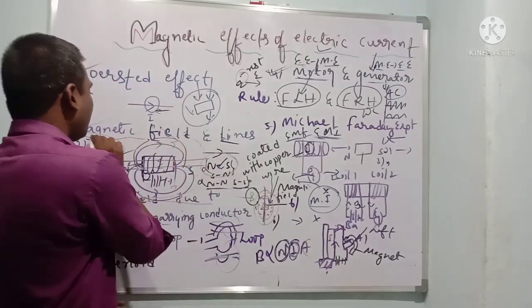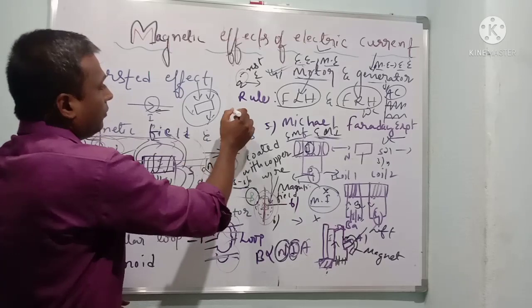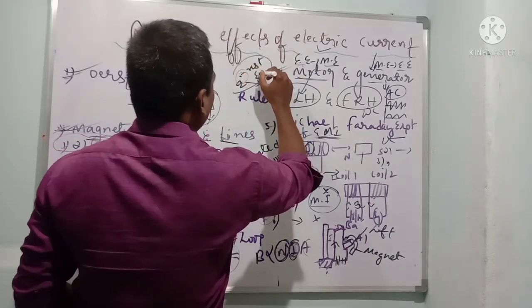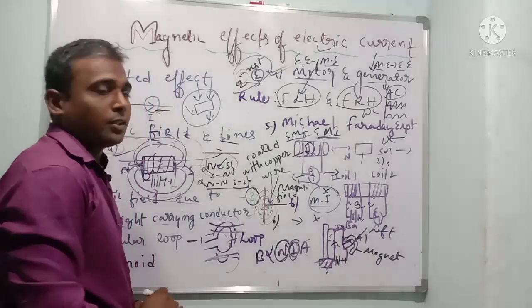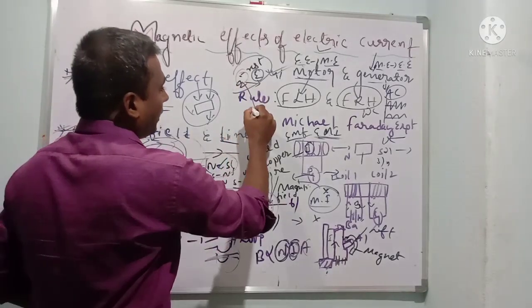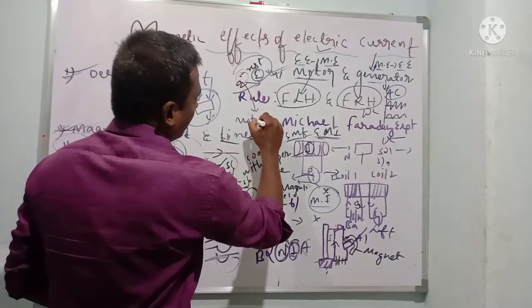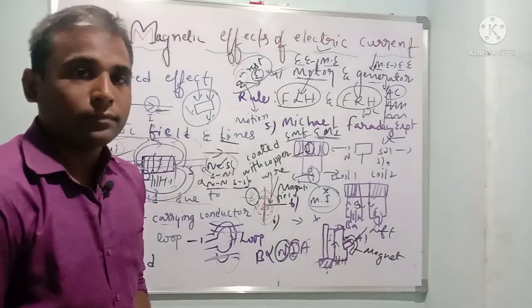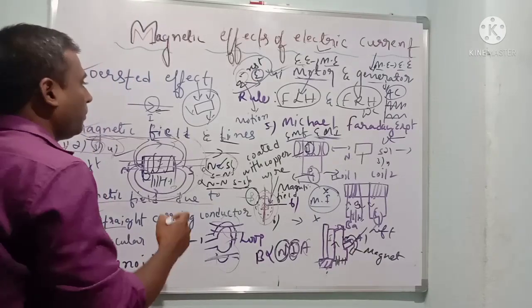So now, what does magnetic field mean? When the charge is at rest, it is going to have an electric field. Now when the charge is in motion, it is going to produce a magnetic field. So what is my point here?